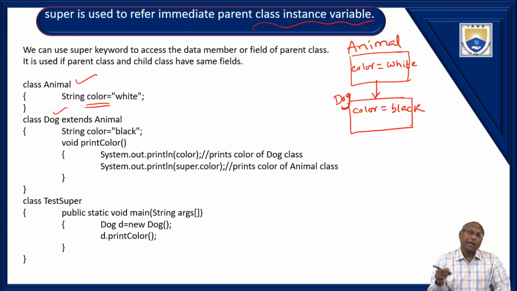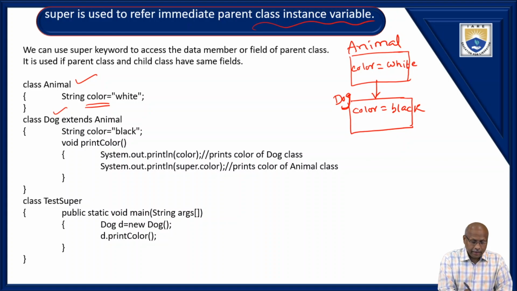So the same attribute is available in the parent as well as in the child. Is it possible? Yes, it is possible. But sometimes I may use the parent's attribute, or sometimes I may use my own attribute. So the child has full right to utilize both properties, the parent's property as well as the child's property.